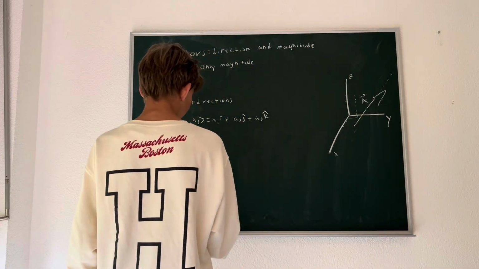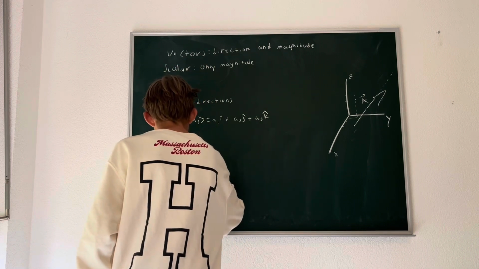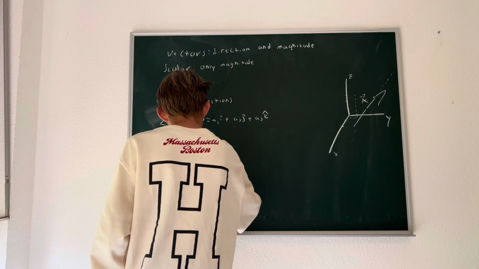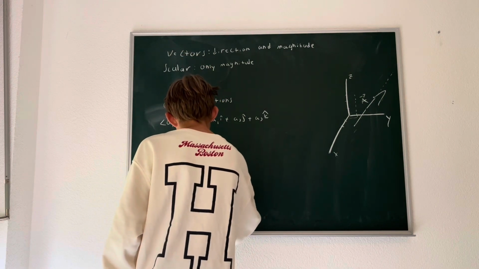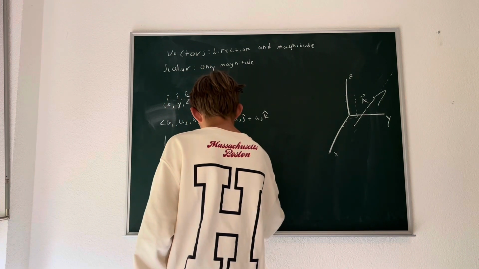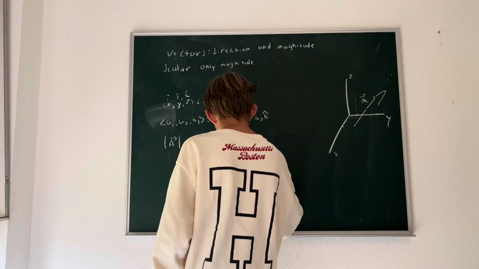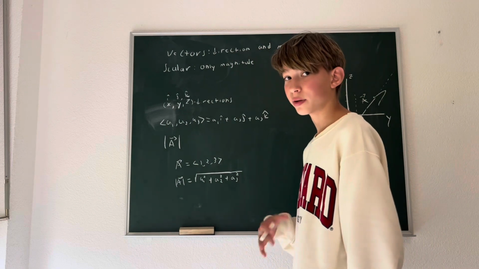So if we want to find the magnitude, then we can just take the square root of the squares of all the components: a1 squared plus a2 squared plus a3 squared. This will give us the length or the magnitude.